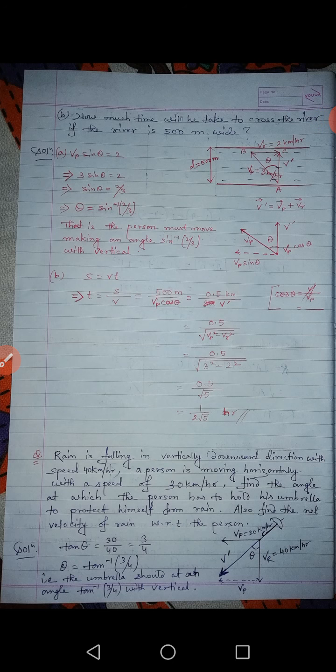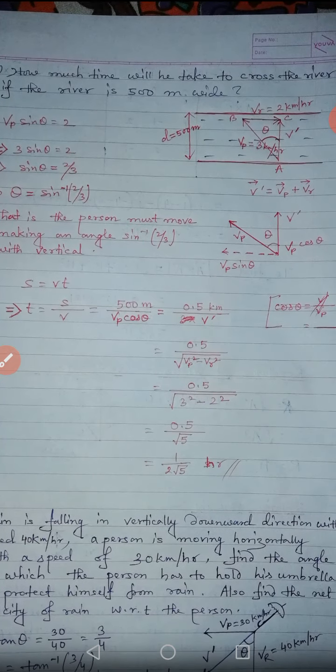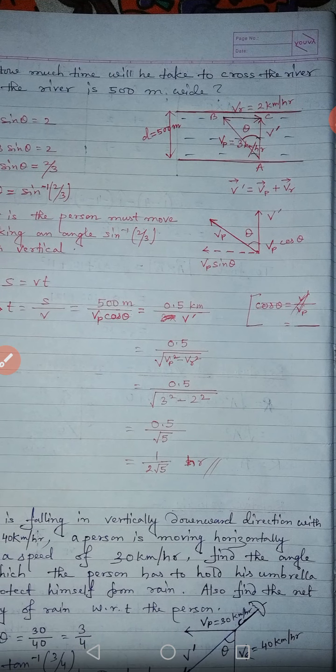Here I have drawn a diagram. The case is like this: vp, the velocity of the swimmer, is given as 3 km per hour.